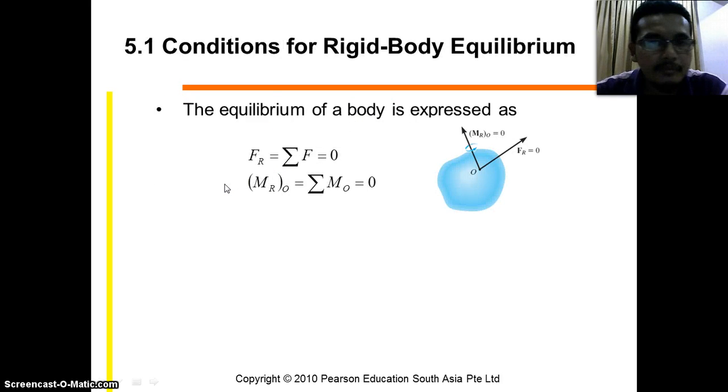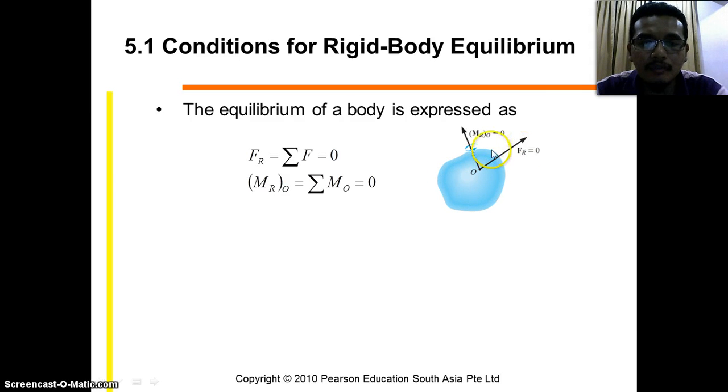For the condition of a rigid body in equilibrium, for example, we have a body. Let's say at point O, acting at point O here, we have a force. This is just for the sake of the picture.